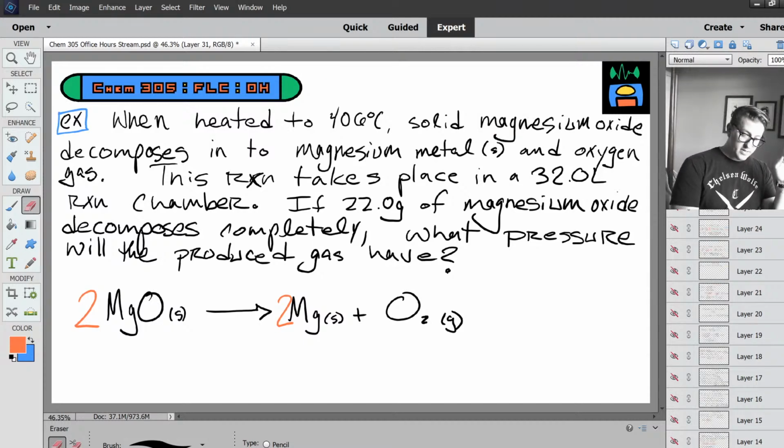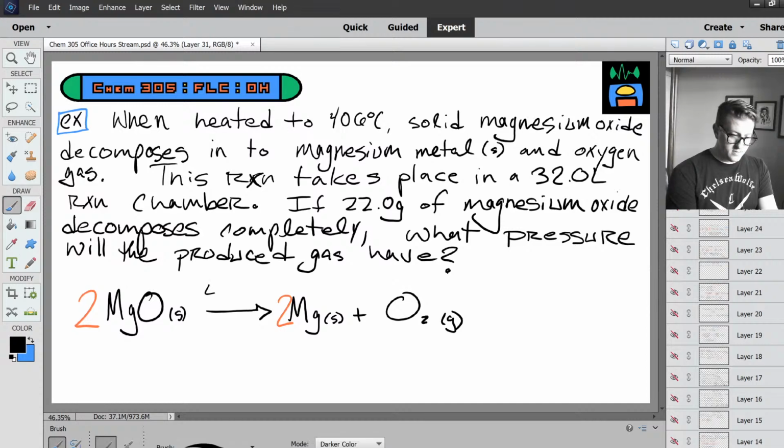We're told that this reaction takes place at 406 degrees Celsius in a 32.0 liter reaction vessel, and that we have 22.0 grams of magnesium oxide, and we're asked to find the pressure of O2.